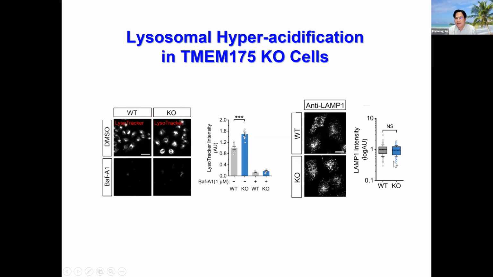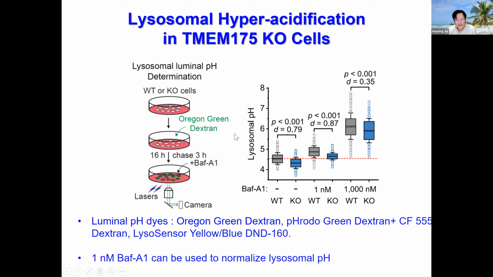Therefore, it's likely that the proton concentration is high in the knockout cells. But LysoTracker can only provide a very rough estimate of lysosomal pH. So we therefore use two sets of ratiometric dyes to measure the lysosomal pH. Joe Swanson is our collaborator who is an expert in lysosome pH measurement, and did some blind experiments here.